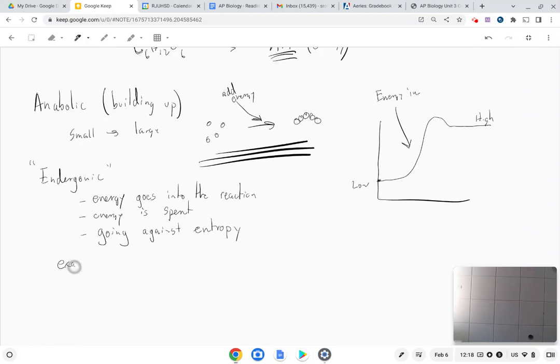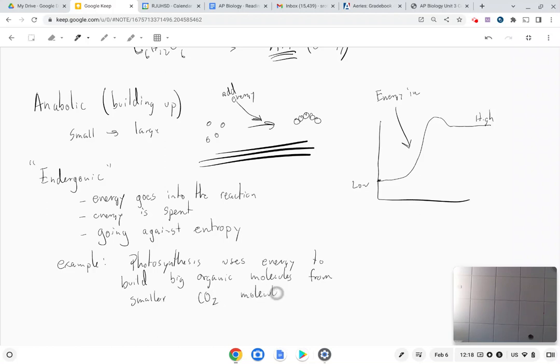Example, photosynthesis uses energy to build big organic molecules from smaller CO2 molecules. So this idea of taking little pieces and connecting those pieces together, that applies to photosynthesis.